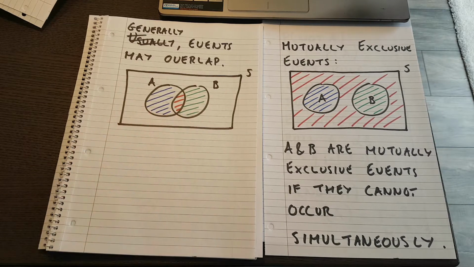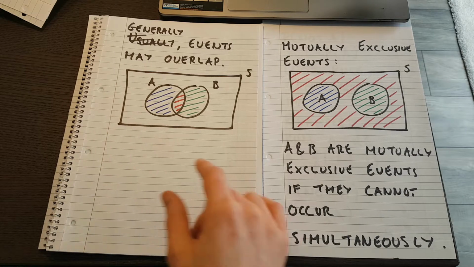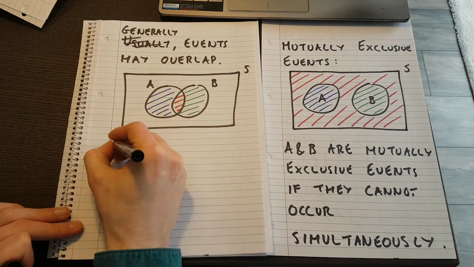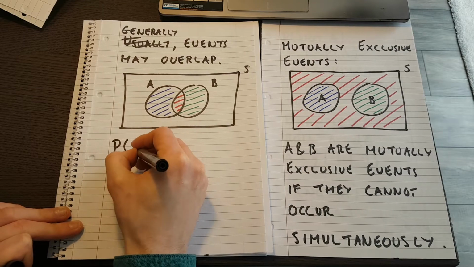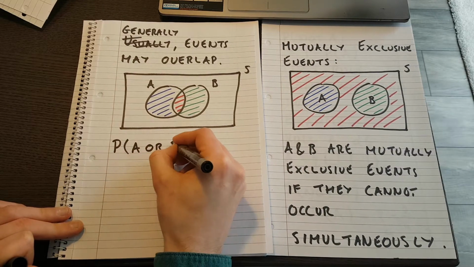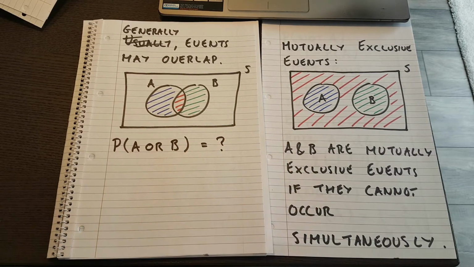So a fairly simple question then is, how do I find out the probability that A occurs or B occurs?